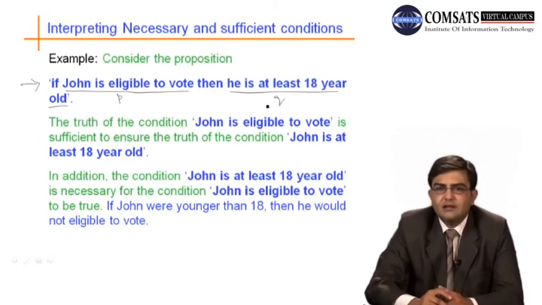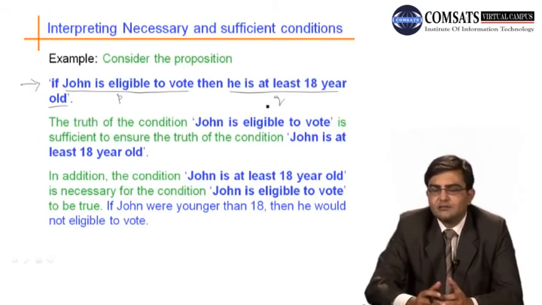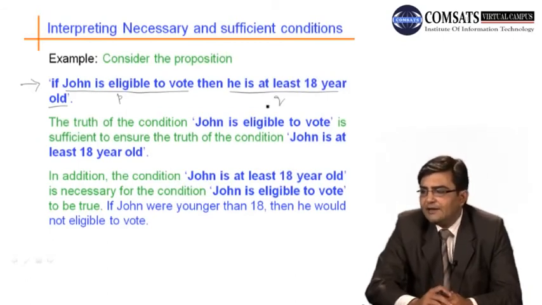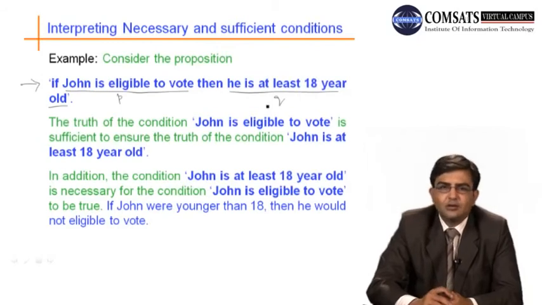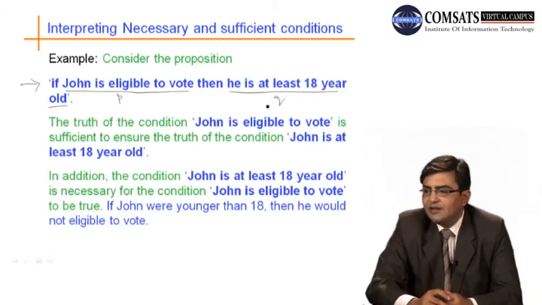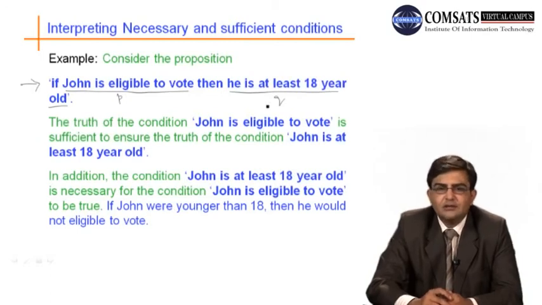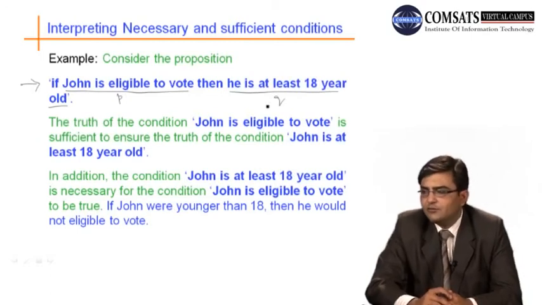If someone says if John is eligible to vote, then it is sufficient for this that he is at least 18 years old, because being at least 18 years old is the necessary condition to be eligible to vote for anybody.